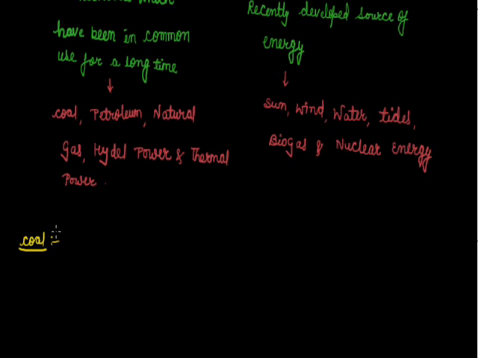Therefore, it is found in a variety of forms depending on the degrees of compression and the depth and time of burial. It is also used in iron and steel industries, steam engines and to generate electricity. When electricity is generated from coal, it is known as thermal power.